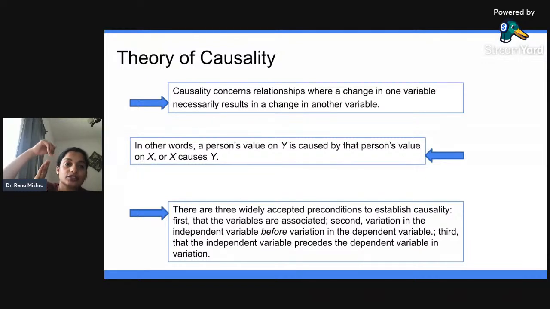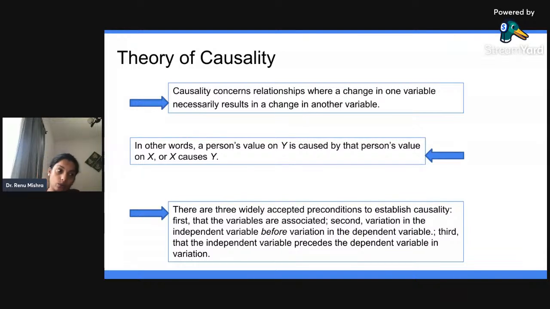So X, which is pesticides or fertilizers, is causing Y, which is better vegetation. Understood? This is the theory of causality. One variable is causing change in another variable.